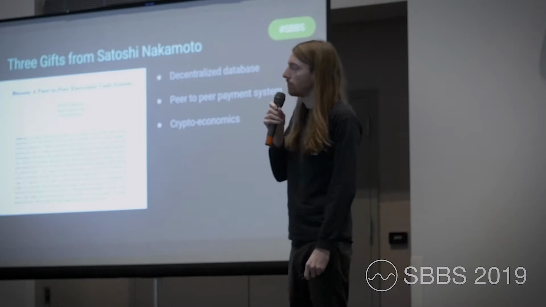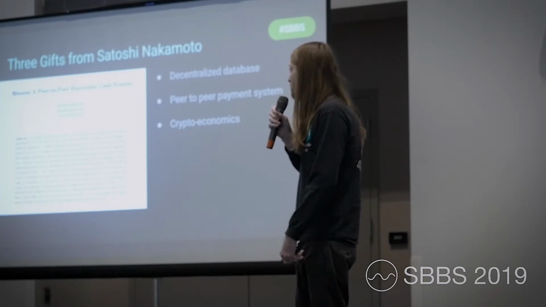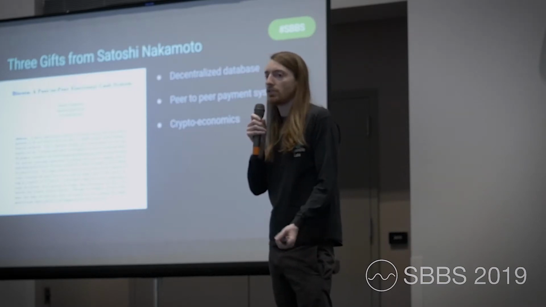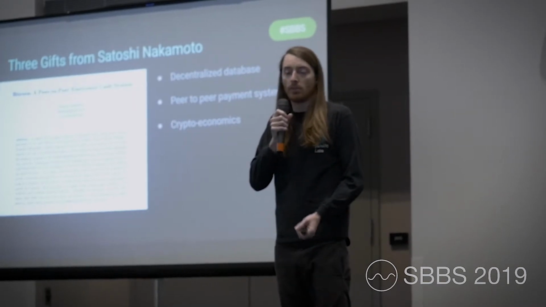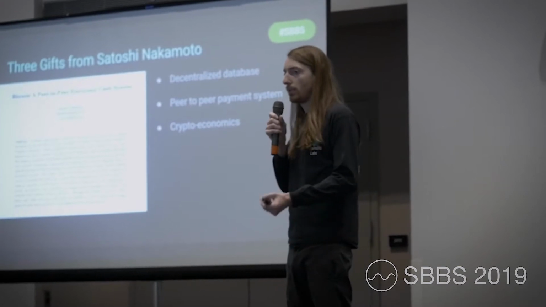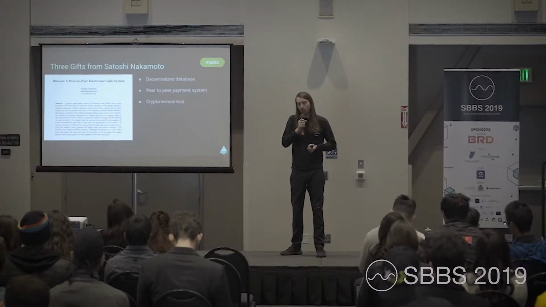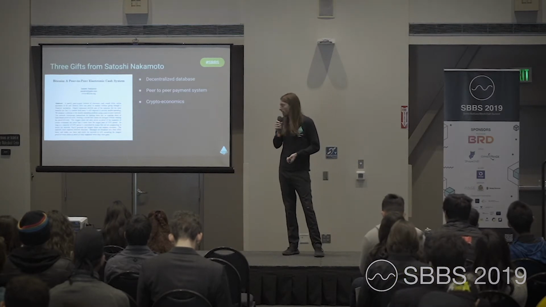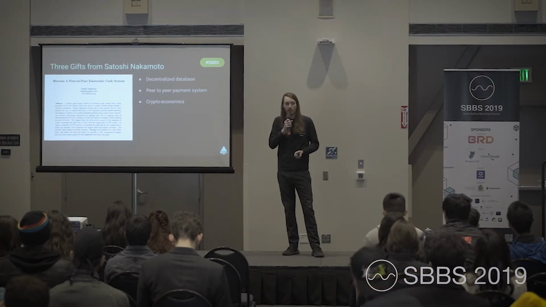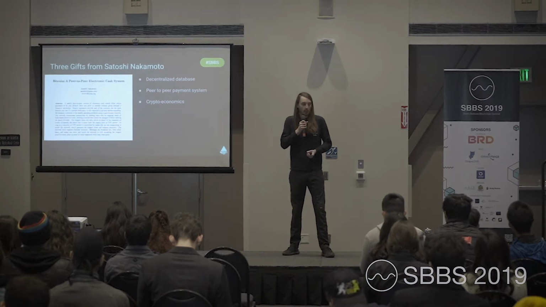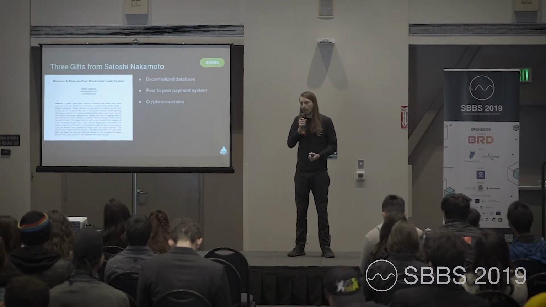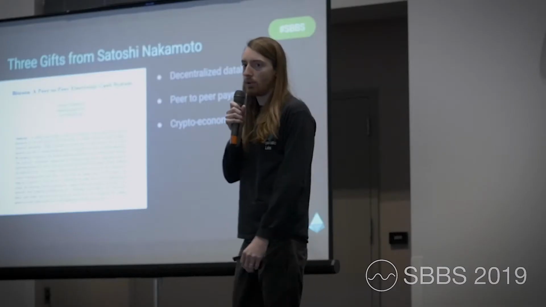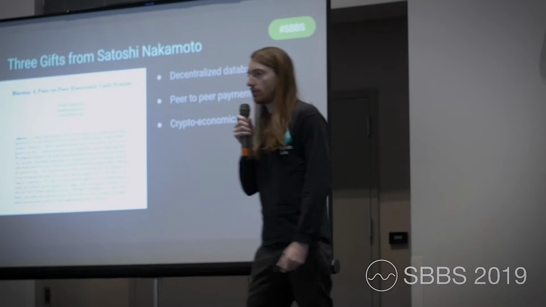We haven't had that before at this scale. It also introduces a peer-to-peer payment system, Bitcoin itself. That's unique to Bitcoin. We haven't seen that before. Having peer-to-peer money where we don't have some third party to authorize the transaction is a really powerful concept. And then finally, the most exciting thing in my mind is the crypto economics of everything. So how do we design this system such that people are incentivized to behave appropriately? That's pretty cool.